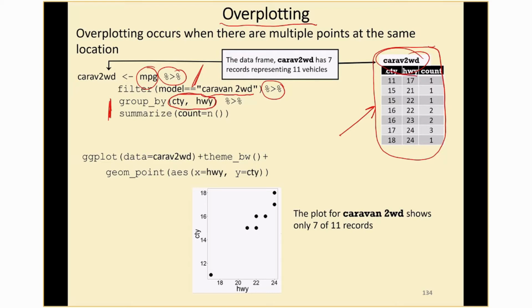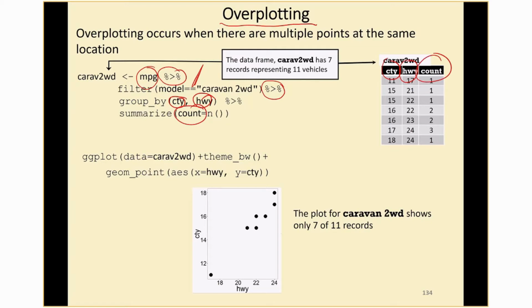And there are our unique combinations of city and highway mileage. Then we continue on with calculating the summary statistic. How many variables are we going to have? The only variables we're going to have are those that are either specified within the grouping function, city or highway mileage, or created by the summarize function, count, and there we go.